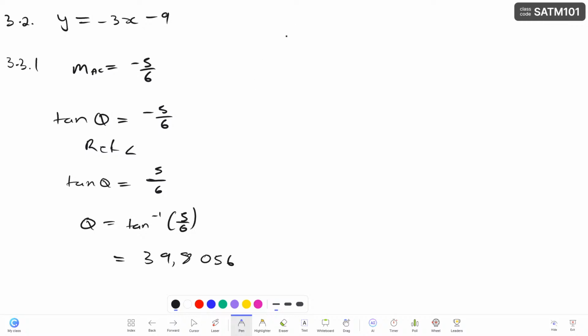So okay, now you're going to say theta is equal to what? 180 minus this angle, which is 39.8056. So this one is going to give us 140.1944.